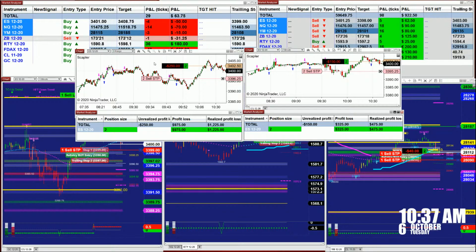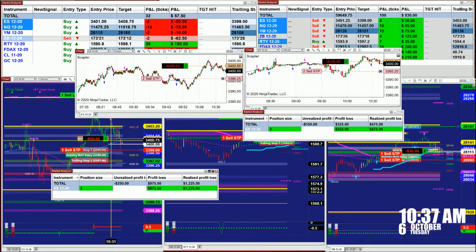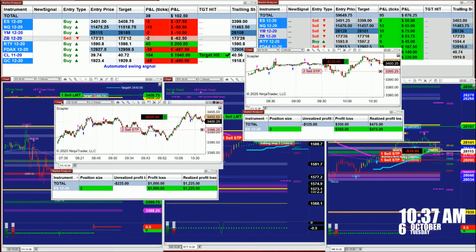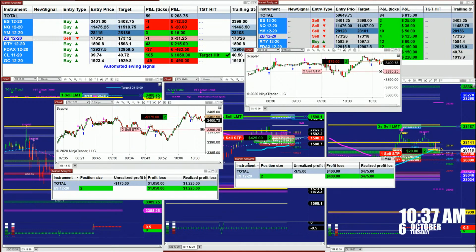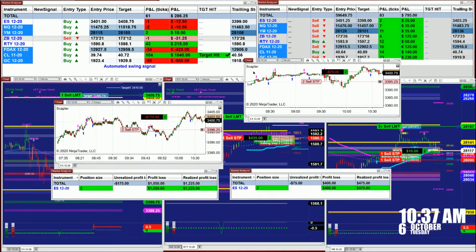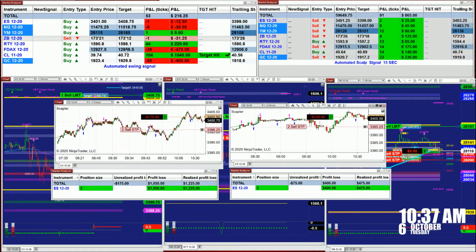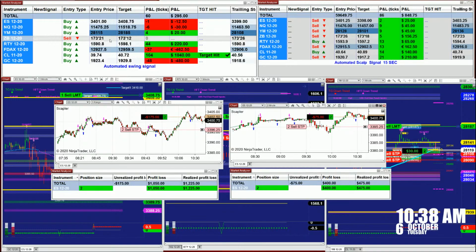So the same thing, if we look at the signal, the swing trading is losing money. When we first started at 10 o'clock, it was spitting out money, and now it is losing money.